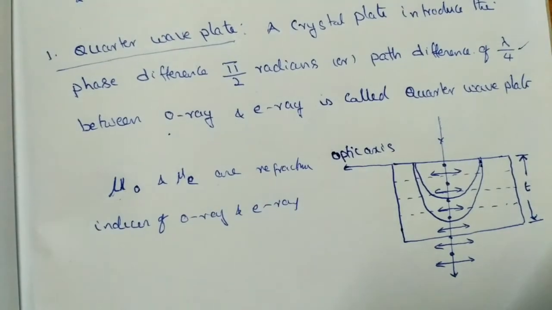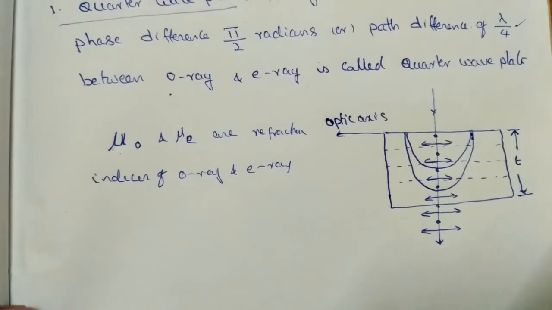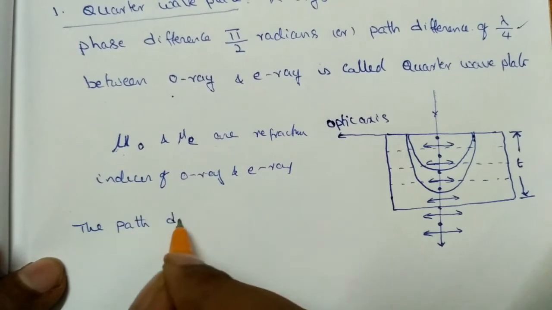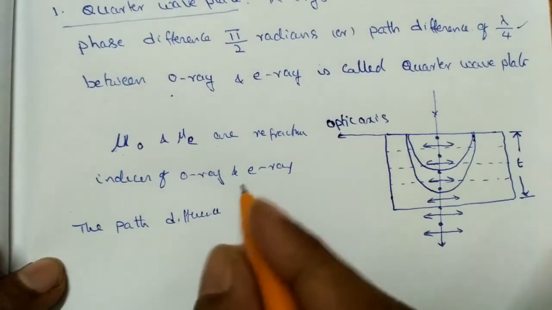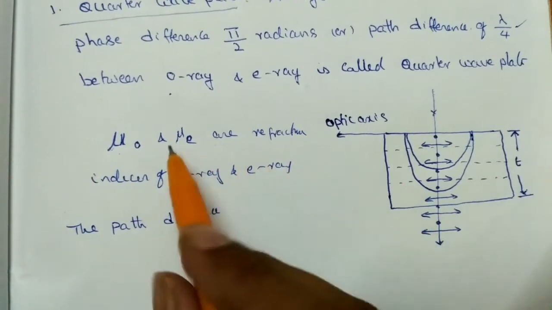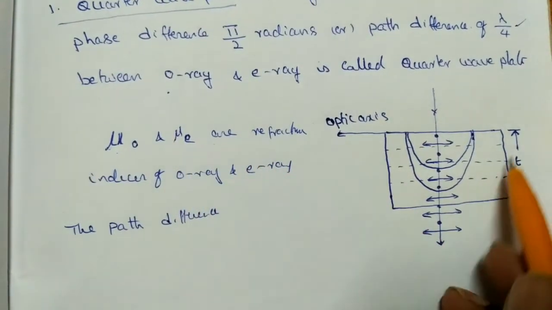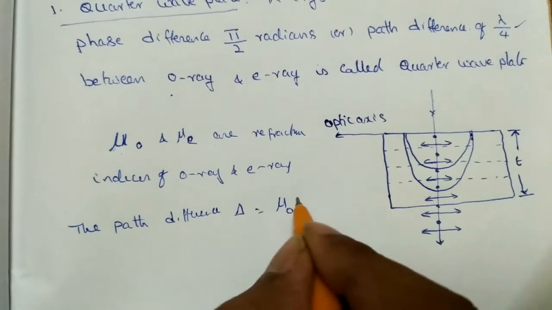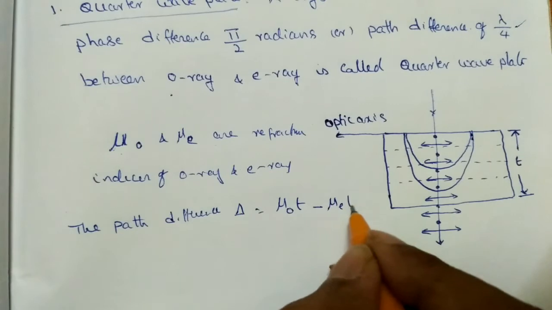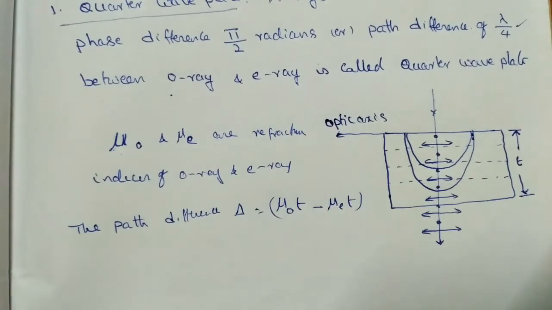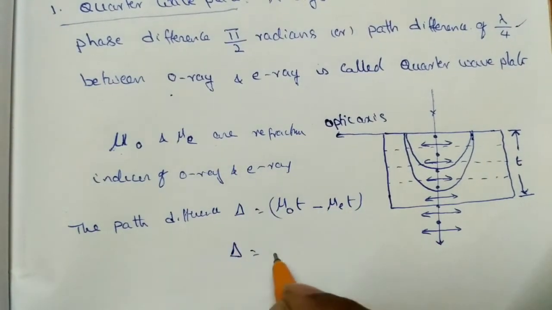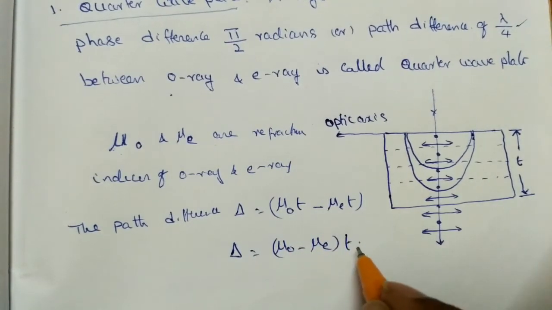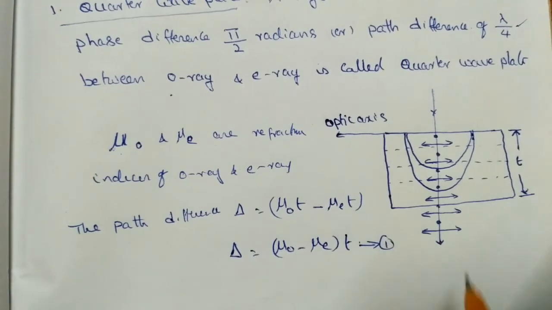Let us suppose the path difference, with respect to the thickness t, is delta equal to mu O into t minus mu E into t. Then delta is equal to mu O minus mu E into t, with t as a common factor. This is equation number 1.